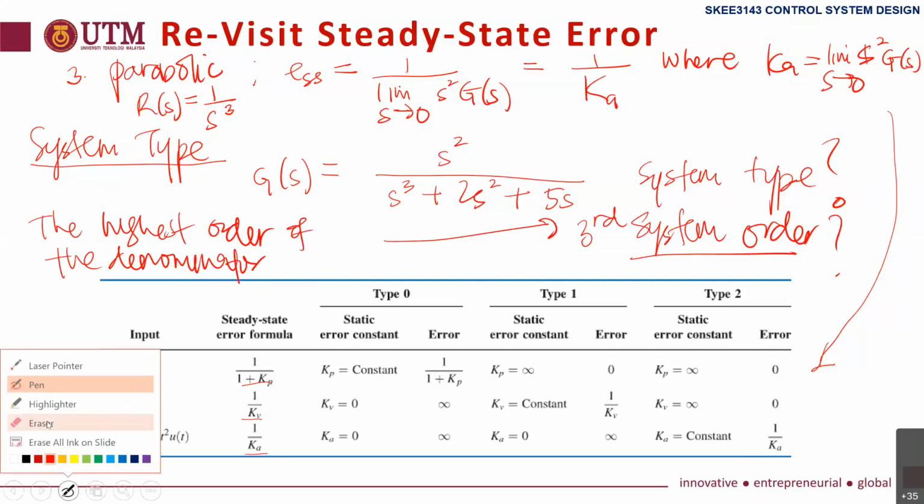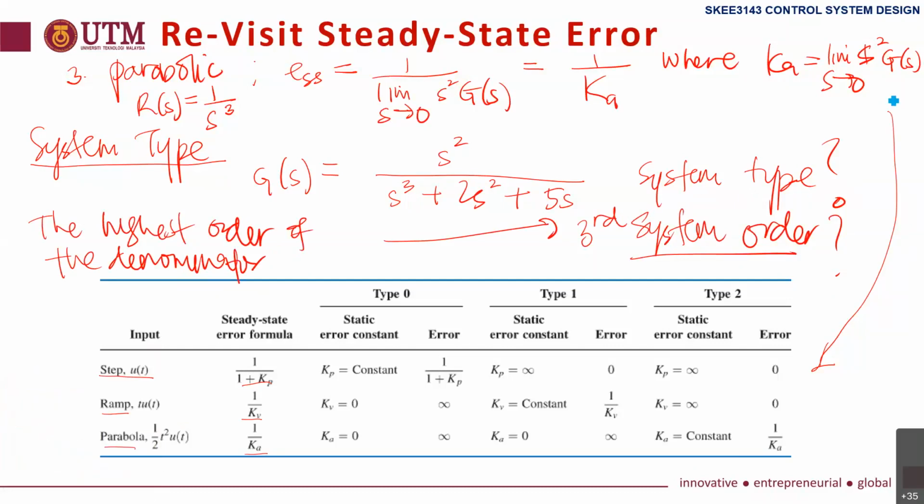Next, what is the system type of the transfer function? One. Why one? If you factorize the pole equation, then you will get only 1s.